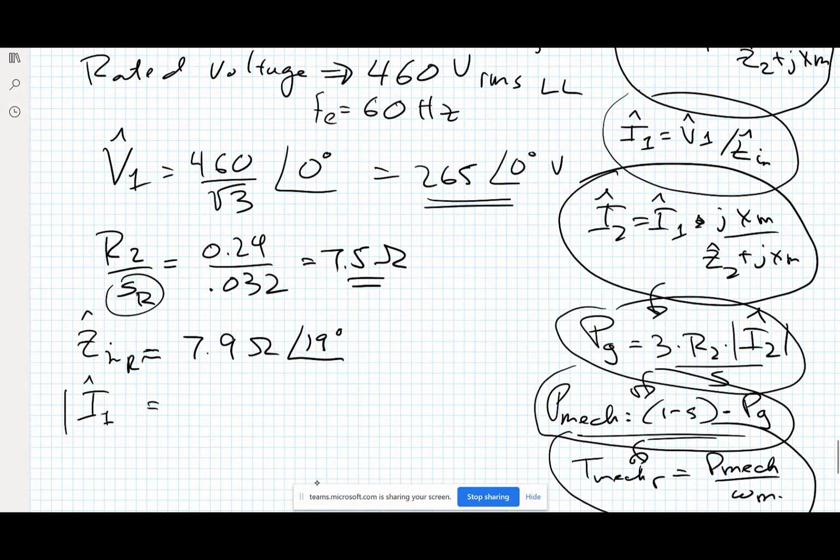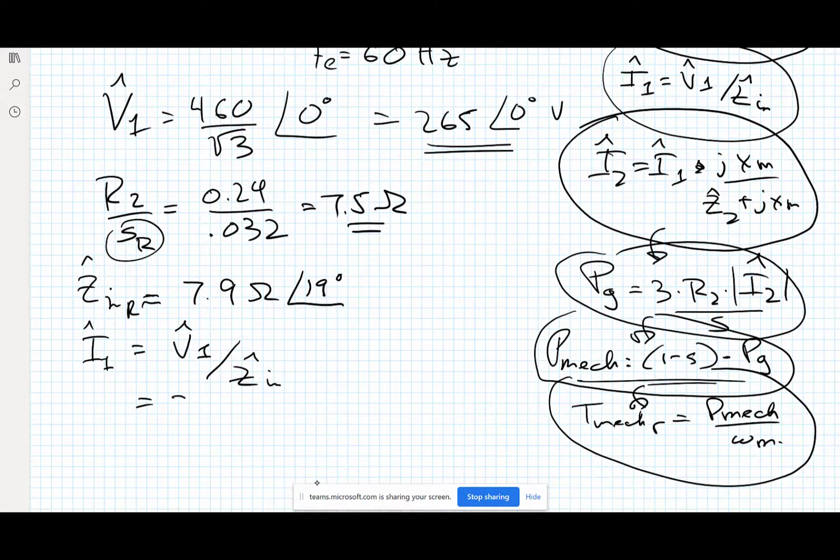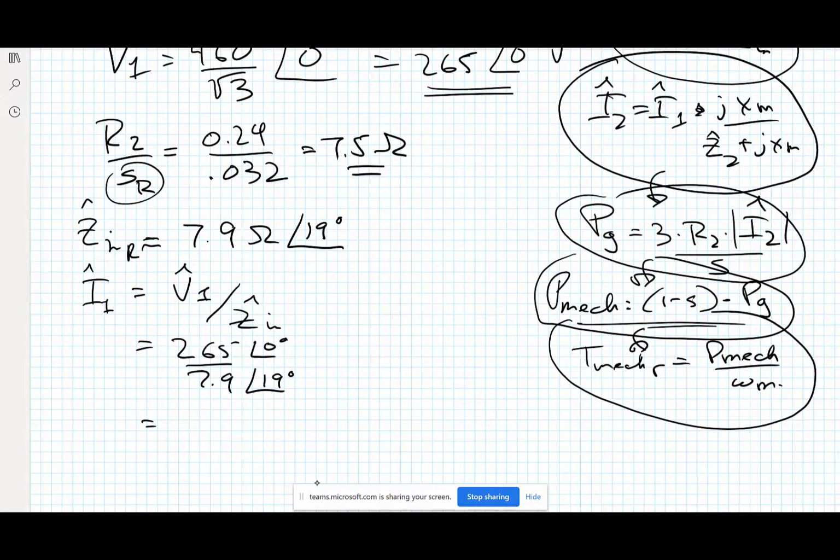So the whole phasor current, I1, is V1 divided by Z in. That's 265 at 0 degrees divided by 7.9 at 19 degrees, so that's 33.5 amps at negative 19 degrees.